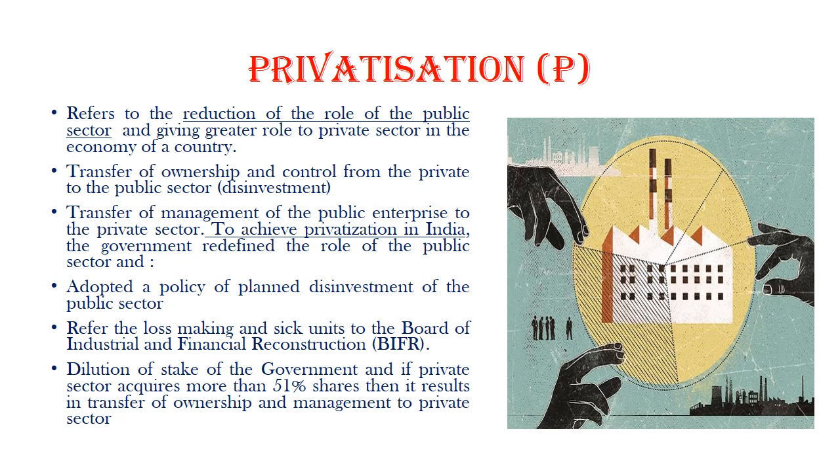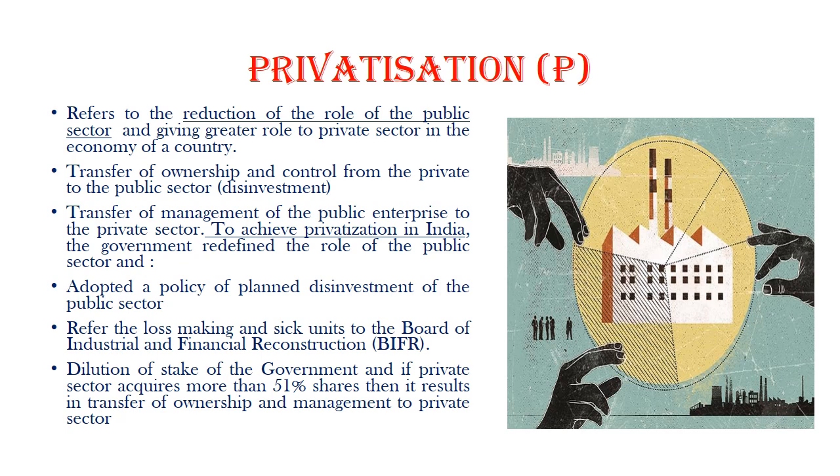Now, first, they have adopted a policy of planned disinvestment of the public sector. As we had discussed, disinvestment means the transfer of public sector enterprises to private sector. Then they refer the loss-making and sick units to the Board of Industrial and Financial Reconstruction. Children, we have also studied this particular topic in class 11 chapter 3, and we know that sick units are those units in the public sector that are suffering losses or that are not giving the desired output.